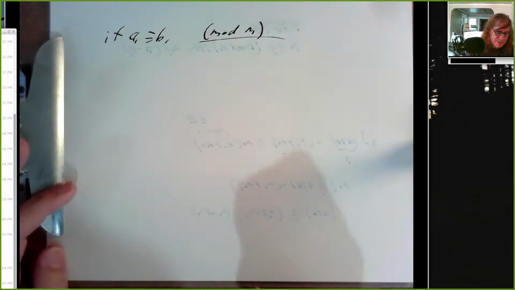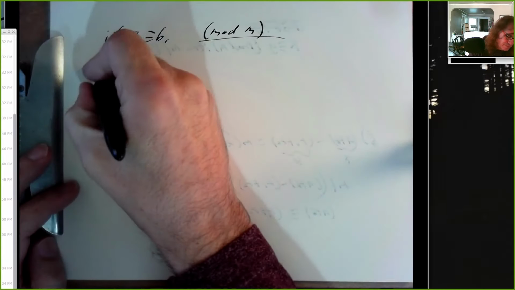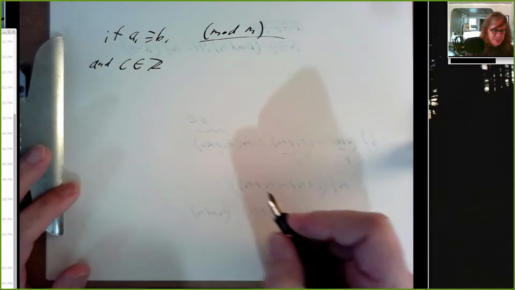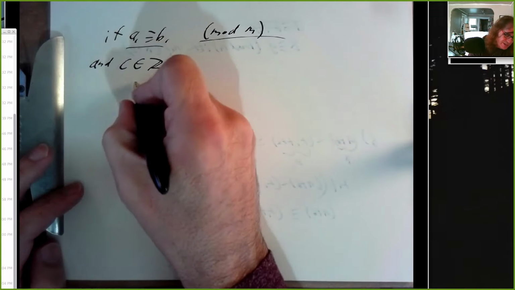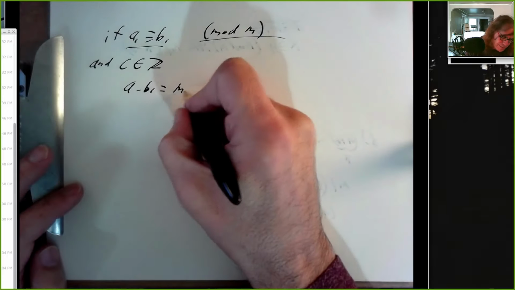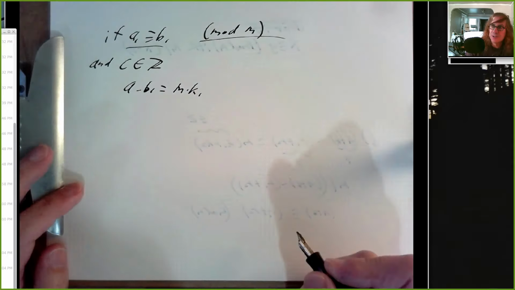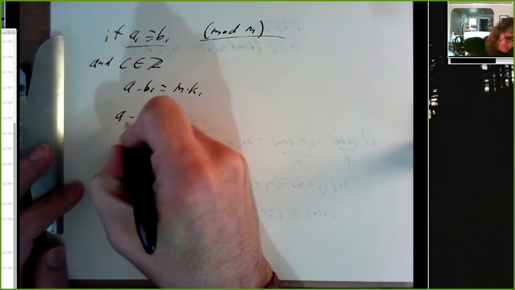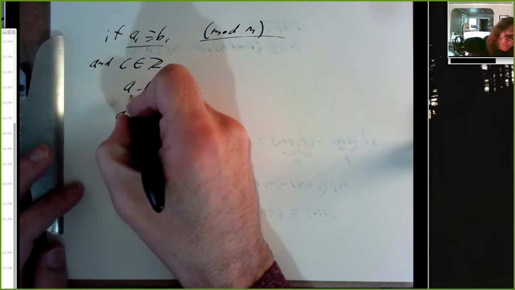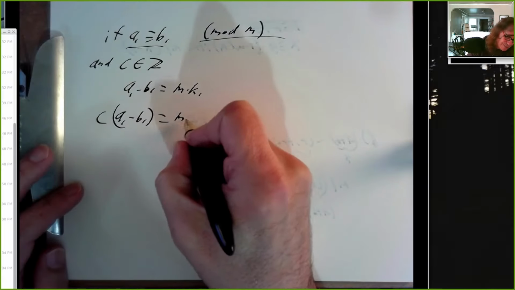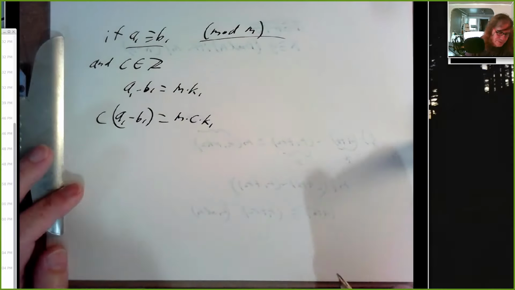If A1 is congruent to B1, and we pick some integer C, well, this says A1 minus B1 equals M times some integer. And so A1 minus B1 times C is equal to M times C times K1.